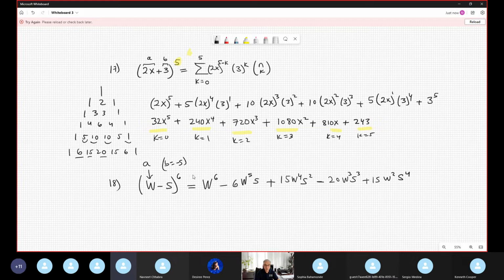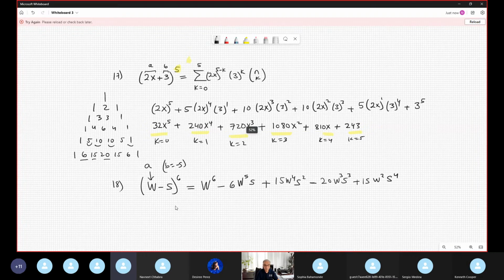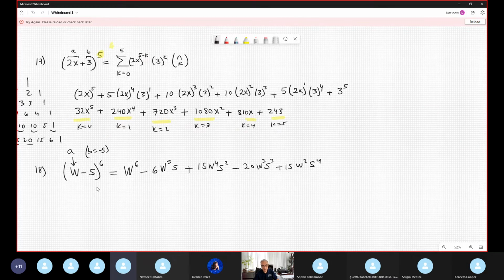We continue. Minus. It's alternating, guys: plus, minus, plus, minus, plus, minus, plus. The next is minus. The coefficient is 6, 6W S to the 5th power. And it's logical because 5 is an odd number, so it's negative. And the last one is S to the 6th. Done. Final answer.